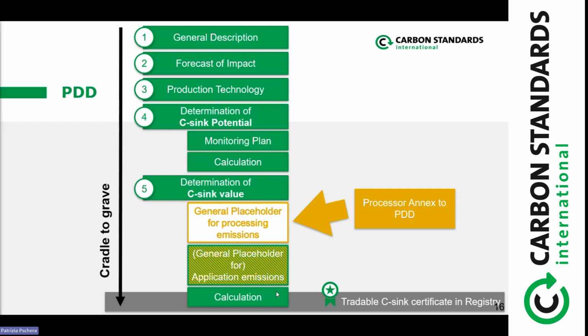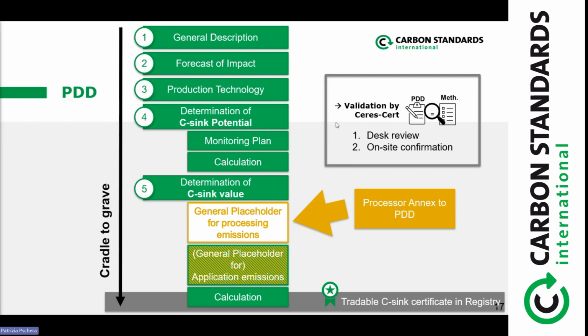And in the end, we have the complete calculations with all the monitored parameters that we have here and here and here. And it shows how the C Sinks are calculated, so that in the end, with the PDD, all the calculations that are needed to understand how the tradable C Sink is calculated are documented in a publicly available format.